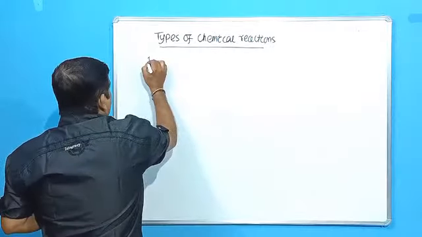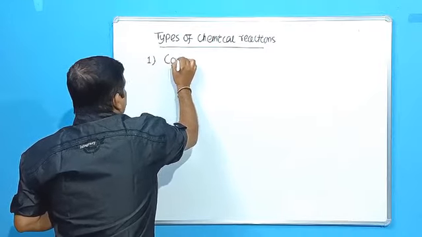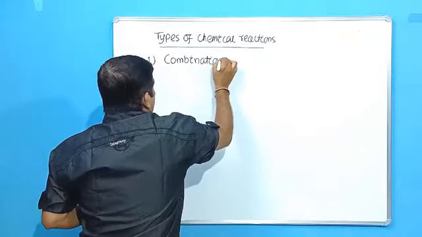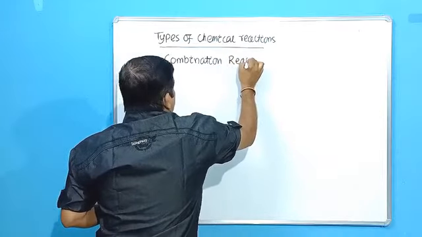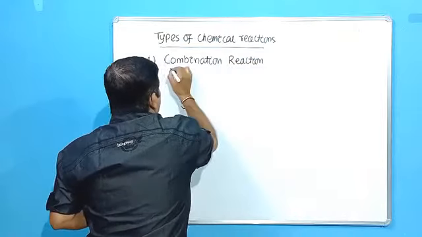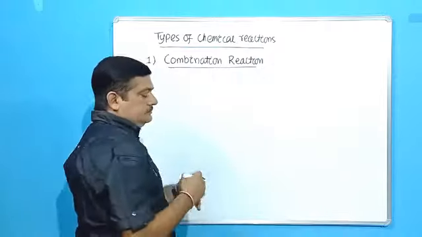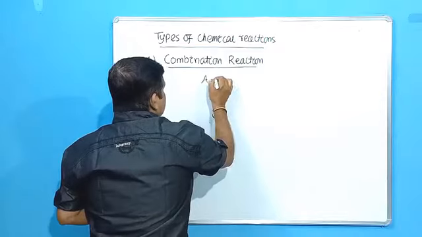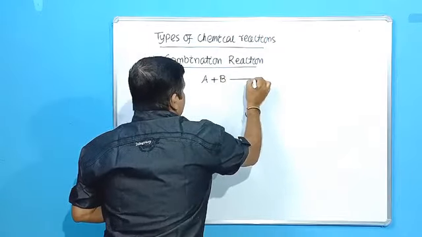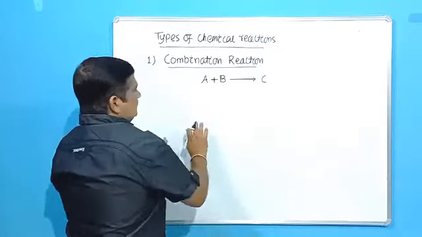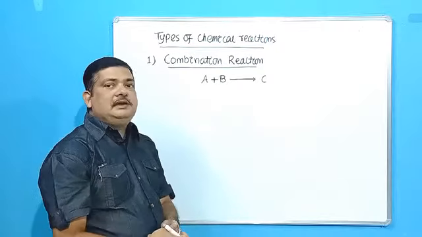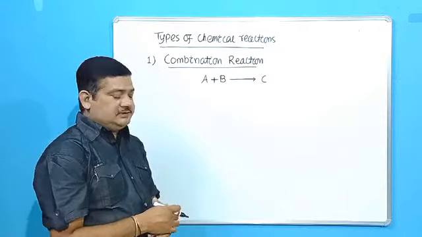To start with, as I told you, the first one is called combination reaction. First I will give you a hypothetical equation: A plus B gives rise to C. That means two different substances combine to form a new product or new substance.